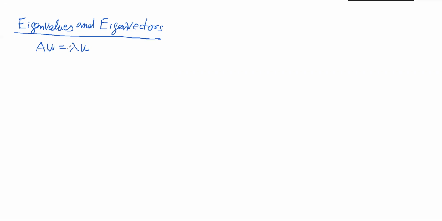So AU is equal to lambda U. Where A is a matrix, U is a vector, which is a special form of a column matrix, and lambda is a scalar or just a number. It can be a real number or even a complex number as well.